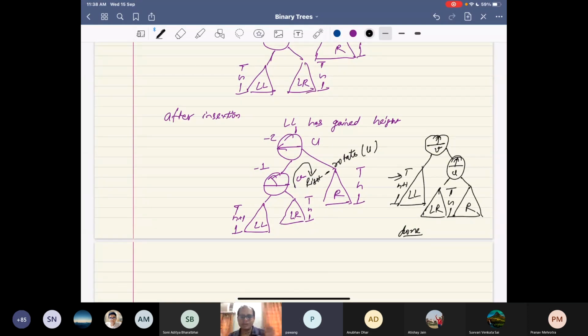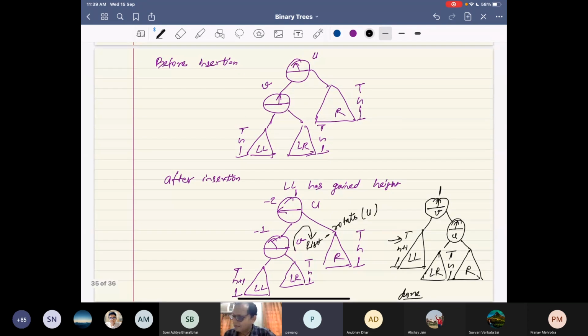So height has not changed from before insertion. That means I don't have to go up after this rotation. Are you convinced by that? I'll tell what happens in rotation. But suppose I achieve this, I don't have to go up, after a single right rotation.